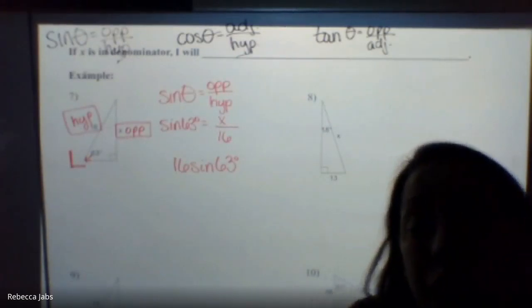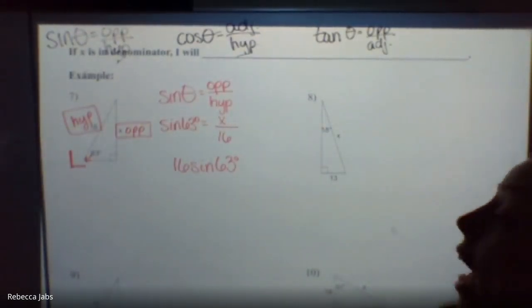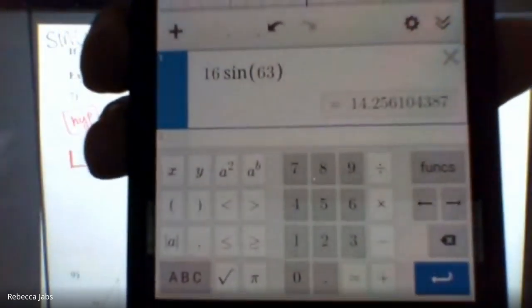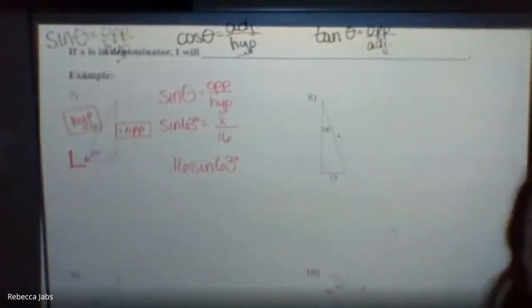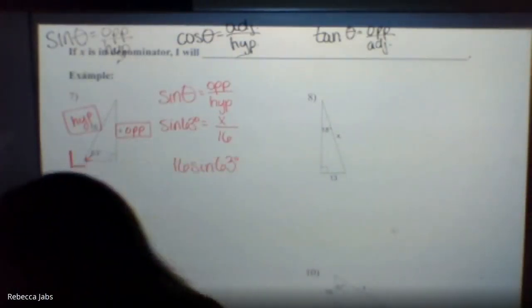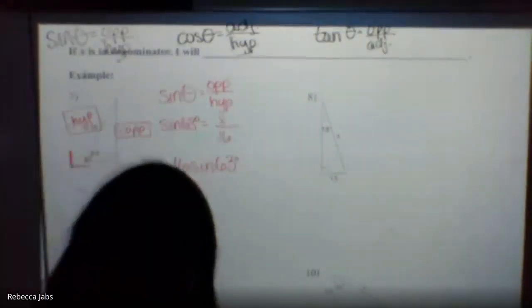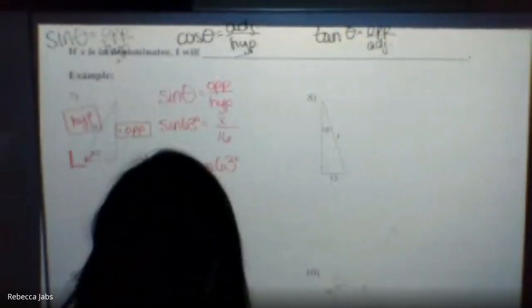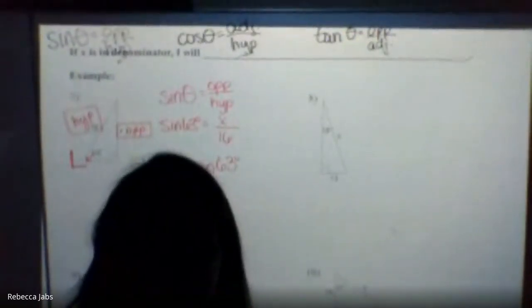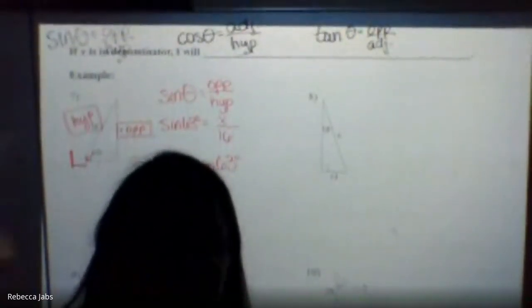All right. Thank you. So when I type in 16 sine of 63, I get that big long answer that goes on, but please remember, most of the time we round to the tenths place. So again, I hope your calculator is showing you this. If it's not, you need to talk to me after to stay on and make sure you know what's going on.